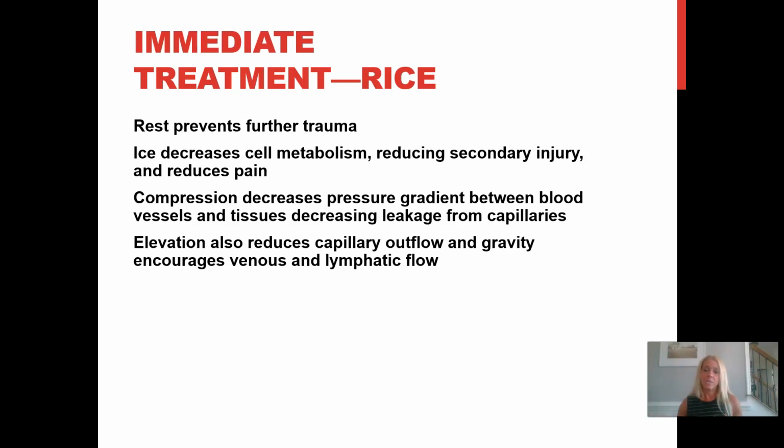Compression is also going to significantly increase venous return and increase the patient's ability to return some of those fluids that are building up in the area. Elevation is also going to assist with that, which is, again, that experiment we did where we held one hand up and one down and compared the color of our hand. So if we can elevate, we can also keep some of that fluid out of the area, which will reduce swelling in the long run.